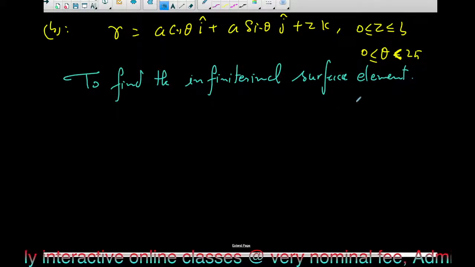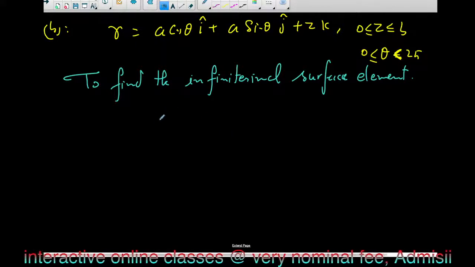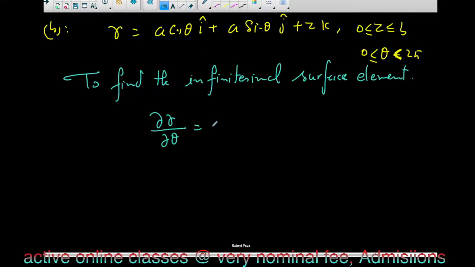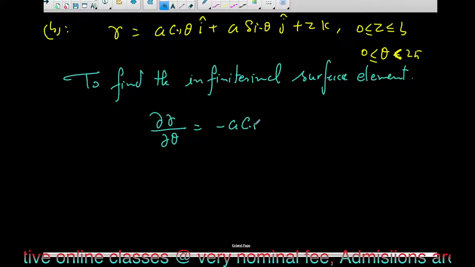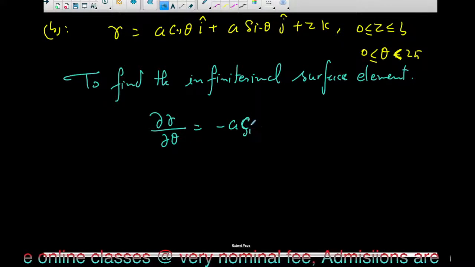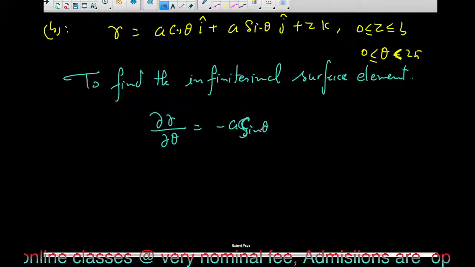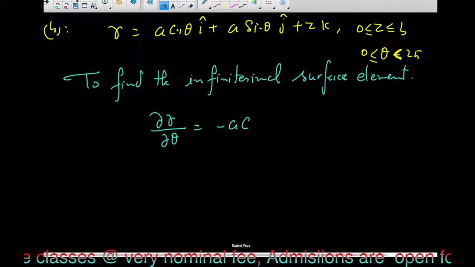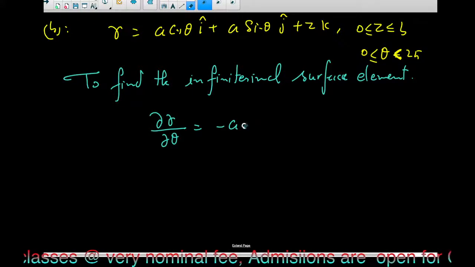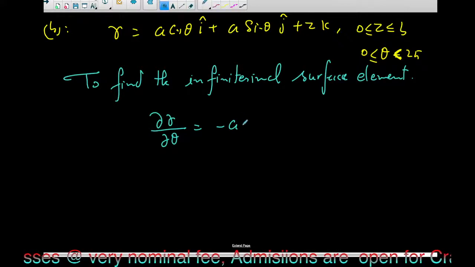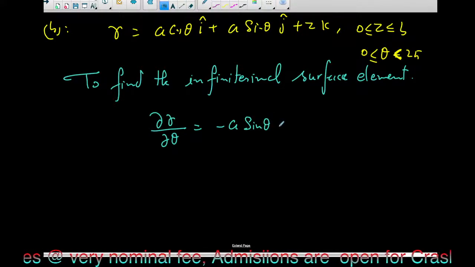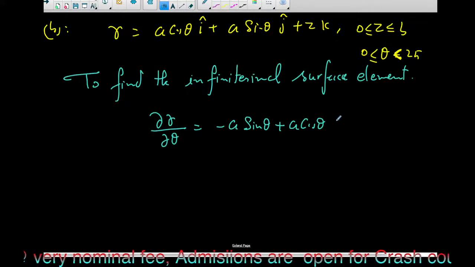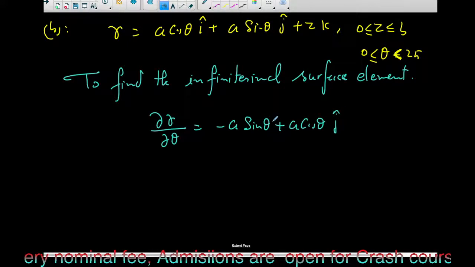How to find the surface element: partial derivatives of r can be written as del r by del theta. Differentiate this, that we say minus a sin theta into i, and plus a cos theta into j unit vector, isn't it? अच्छा यहाँ पे i रहेगा.